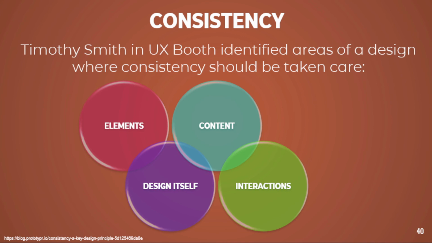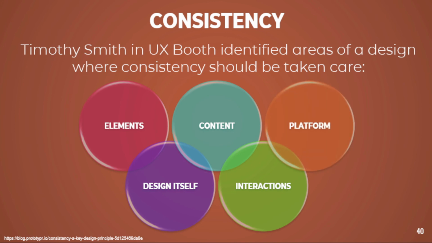Be consistent also with the way your website interacts with your users, such as button sizes, mouse pointers, link colors, so that your users will have a holistic experience in your website.